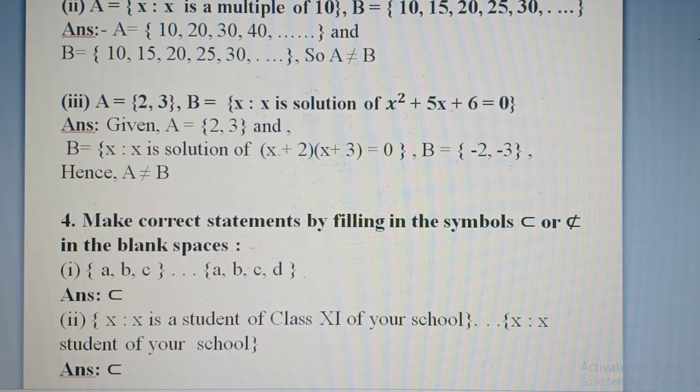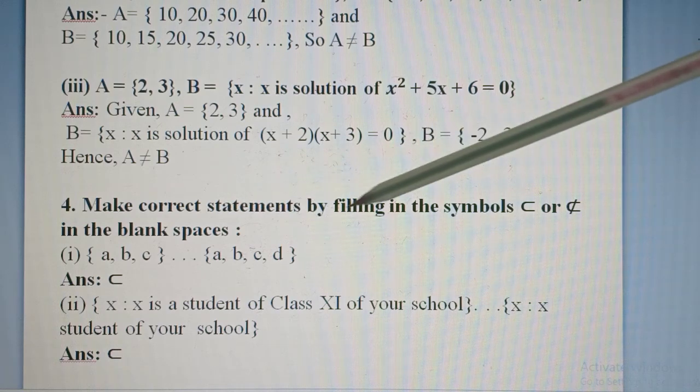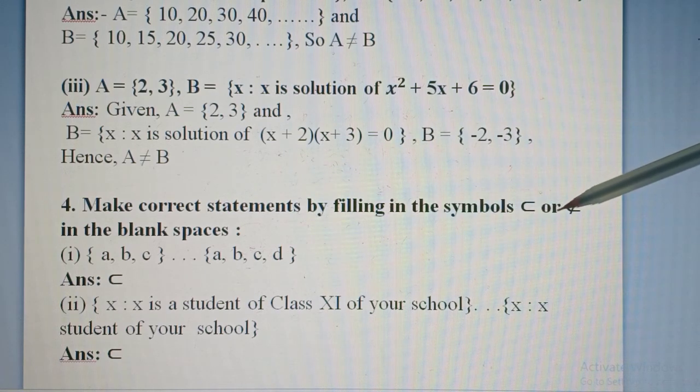Alright students, I hope you are understanding. The next question is, mark correct statements by filling in the symbol subset or not a subset in the blank space. I hope all of you understood the concept of subset.